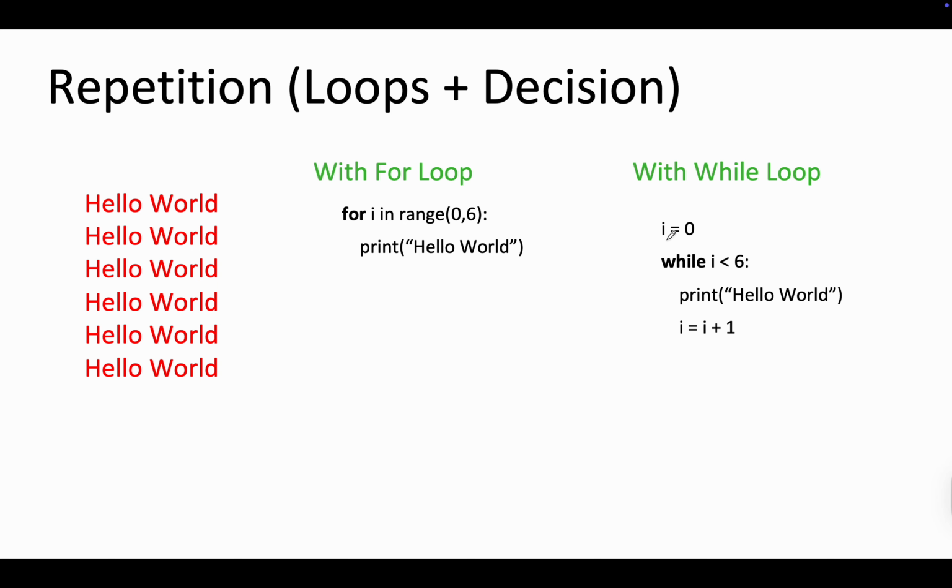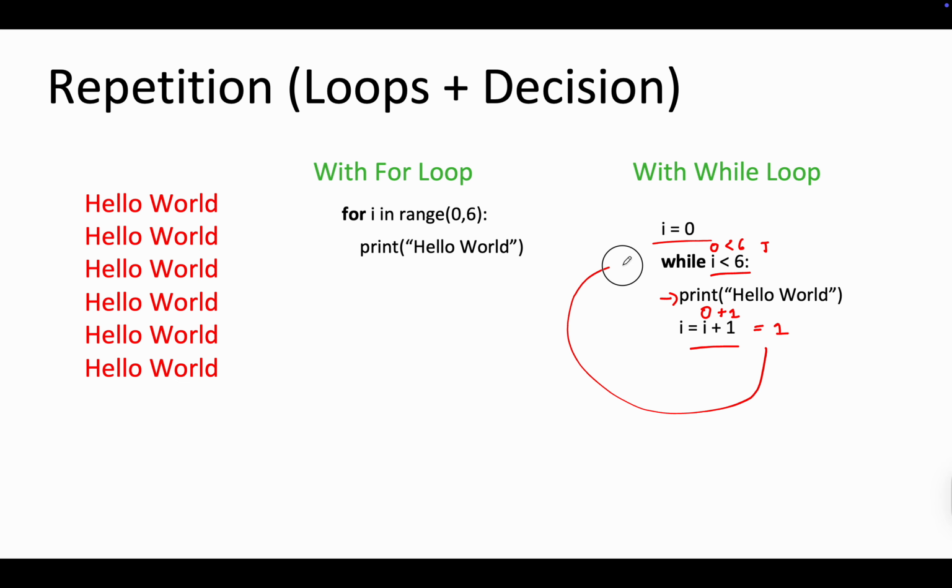Because I say I start at 0, and while I is less than 6, which is right now, I is 0, less than 6 is true, so I'm gonna print it. And then to keep moving forward, we keep on adding 1 to increment the count. So previously I is 0 and we added 1, so right now I will be 1.